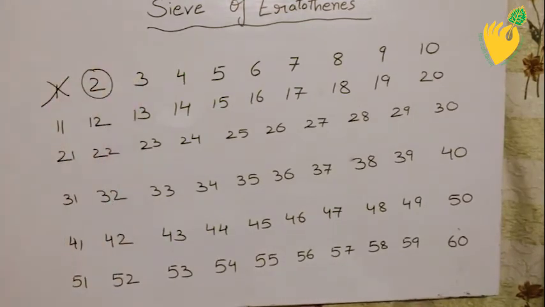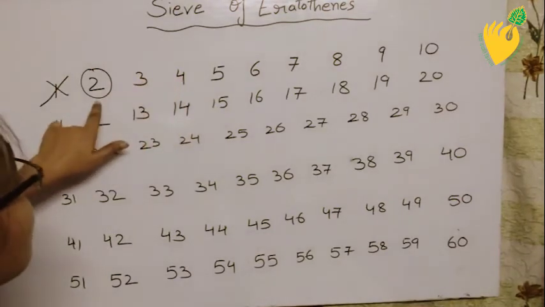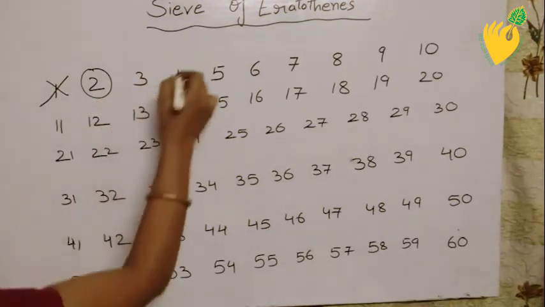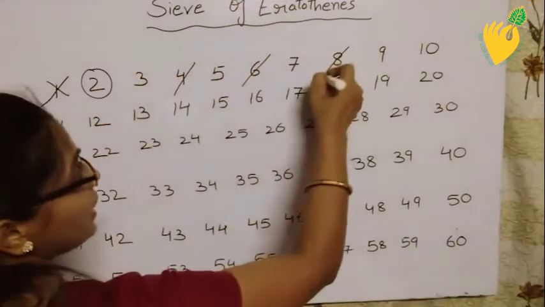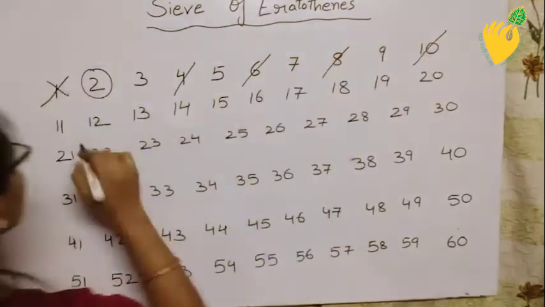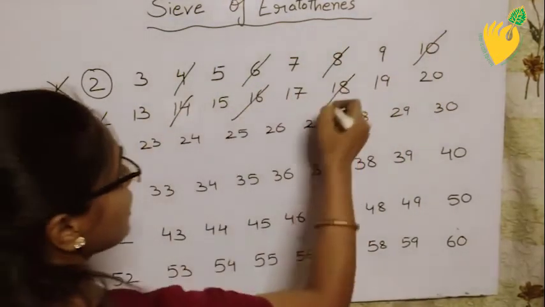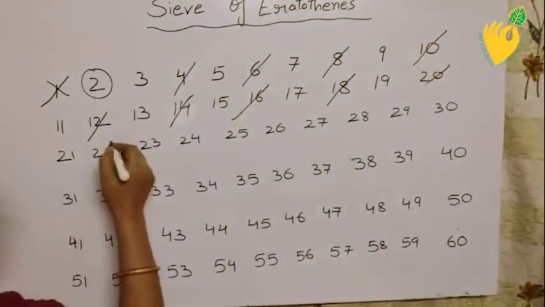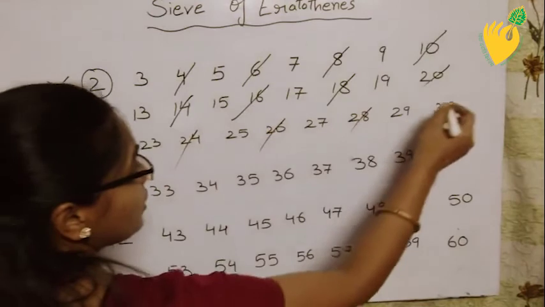Let's encircle this prime number and cut out the multiples of 2. 2 twos are 4, 2 threes are 6, 2 fours are 8, 2 fives are 10, 2 sixes are 12, 2 sevens are 14, 2 eights are 16, 2 nines are 18, 2 tens are 20, and so on.